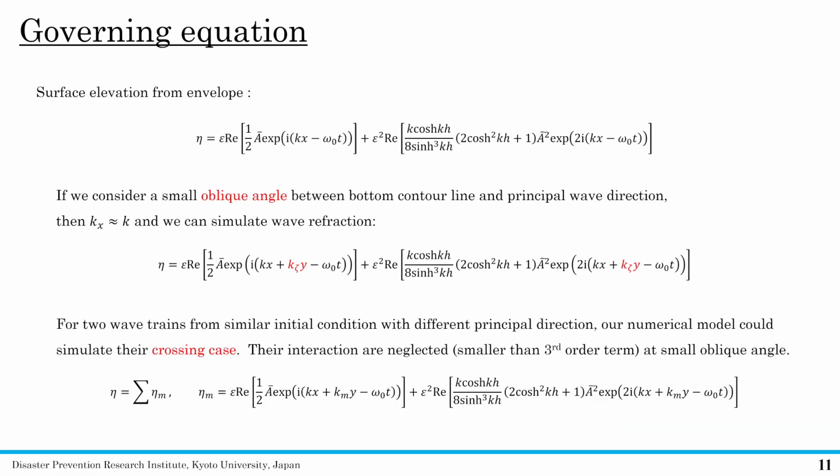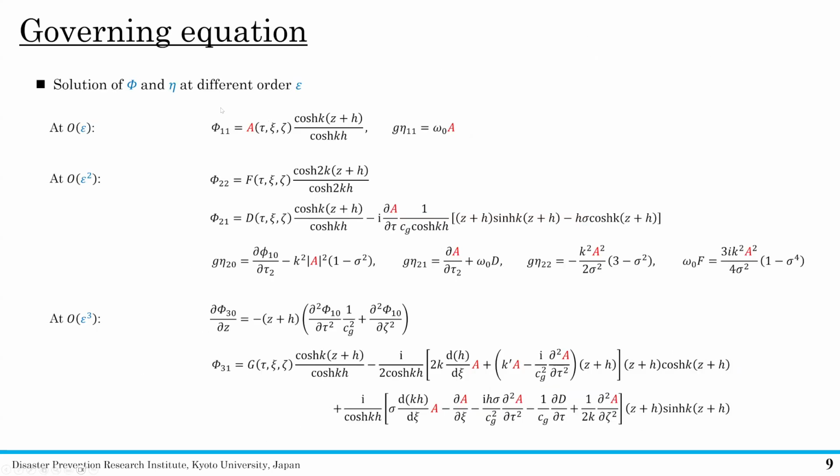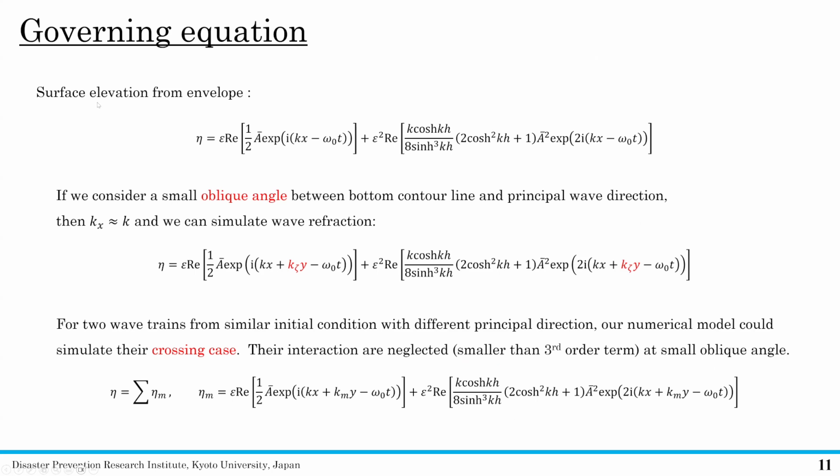And from the equation of amplitude, finally we can give a numerical process to construct the surface elevation again. In this form, we also have some expansions to consider. First, there can be a small oblique angle here.